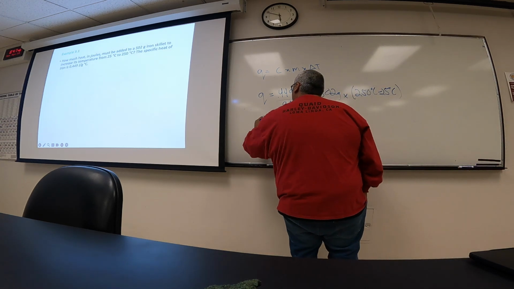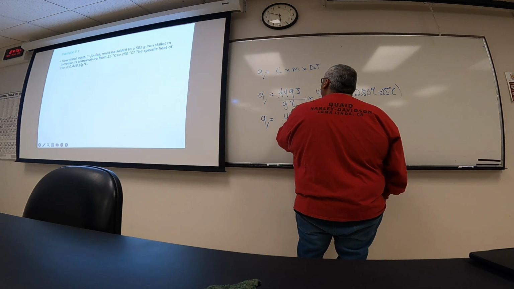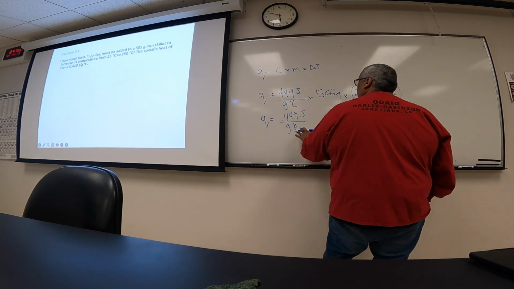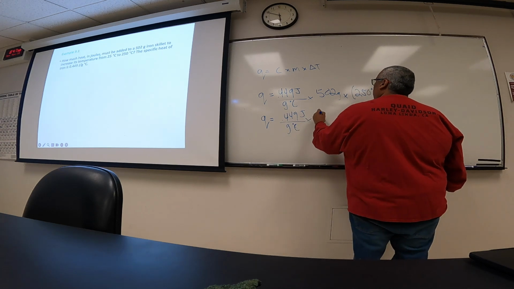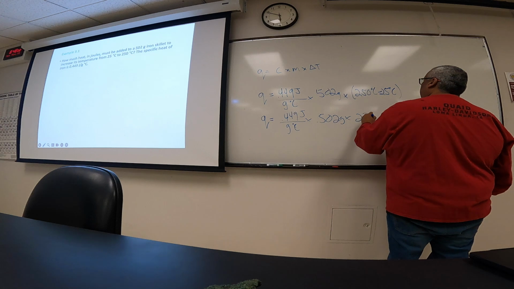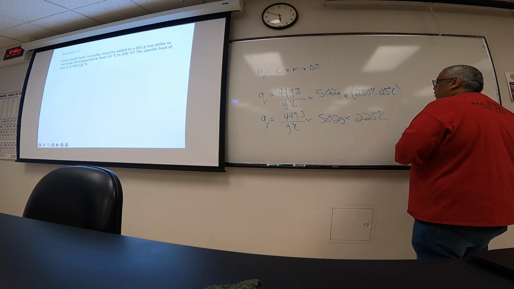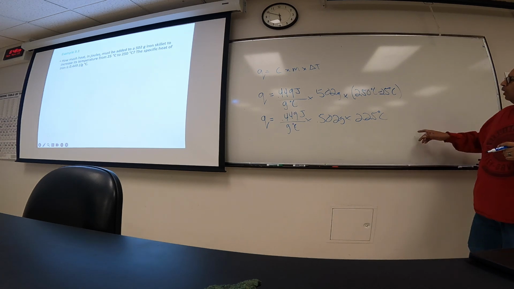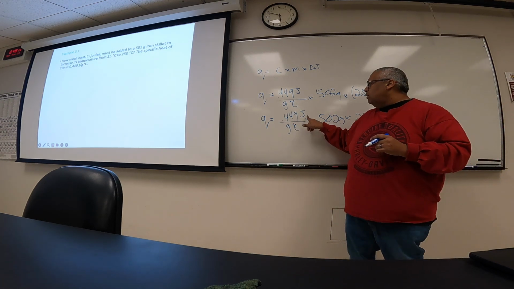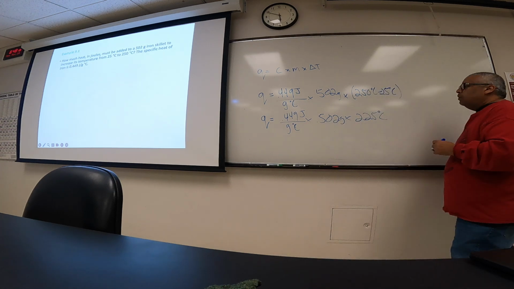So just to make this simple, we'll put 0.449 joules per gram degree Celsius times 0.502 grams times 225 degrees Celsius. Notice here we're not converting these to Kelvin, and that's because specific heat is in degrees Celsius, not in Kelvin. So there's no need to convert these to Kelvin.